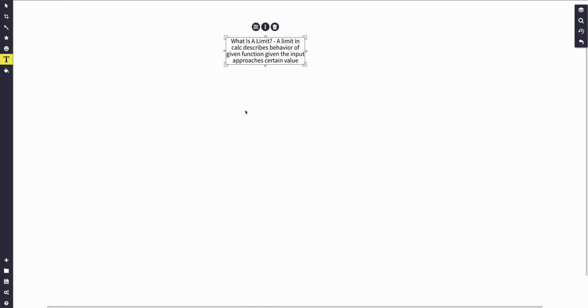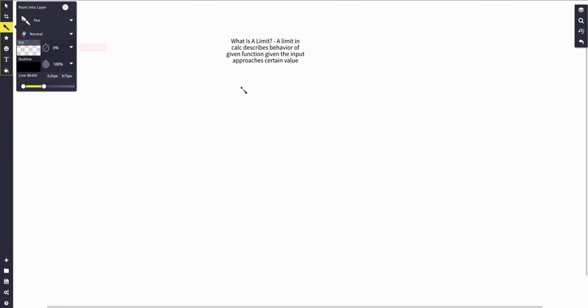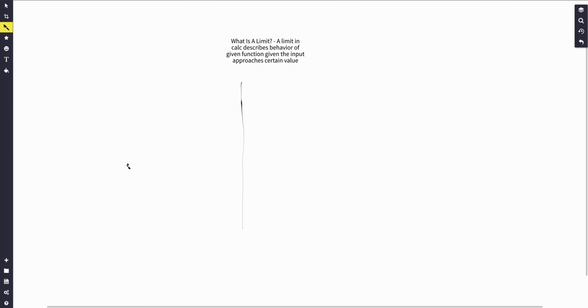So basically what a limit tells us is, if we have a simple graph like this one I'm going to draw. Let's draw a proper graph here. 1, 2, 3, 4, 5, 6, 7. Then 1, 2, 3, 4, 5, 6, 7. Okay, and let's just draw a line.